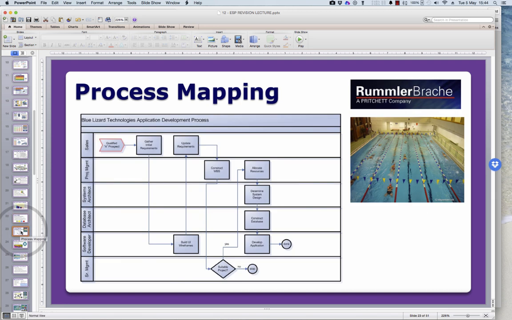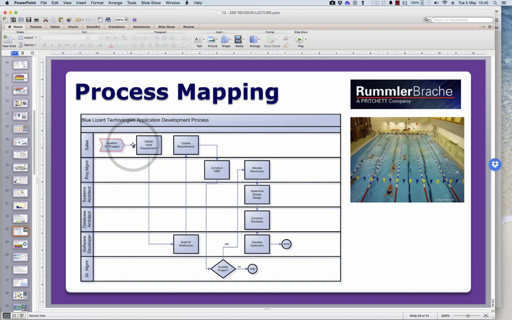Process mapping. Well, we looked at process mapping before. This is just a more grown-up version which Rummler-Brache came up with. We have the swim lanes again. These are the actors in this application development process here.